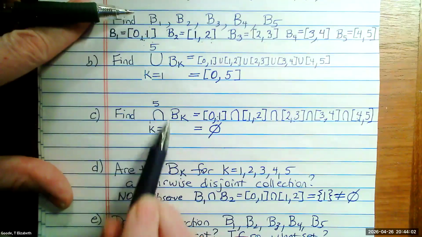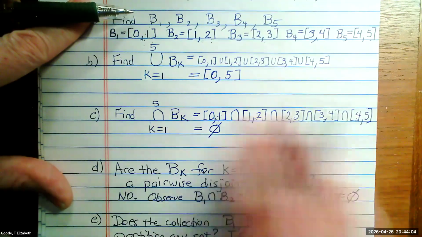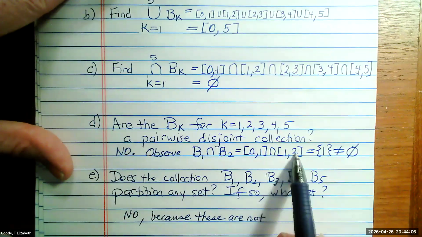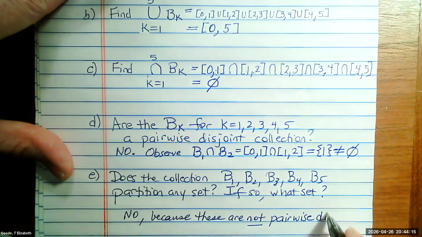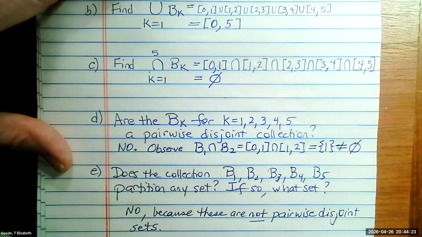Even though if you take the intersection of all of them, yes, there's nothing in all of them, there are two at a time that do share elements. So these are not pairwise disjoint sets. Does this help? Yeah, absolutely.